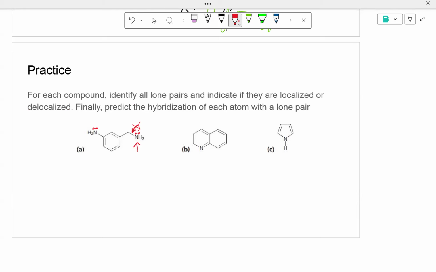So the lone pair on this nitrogen is localized. And now I just find its hybridization as normal. There's two hydrogens on it, there's another bond to a carbon, and then a lone pair. So four regions of density make that nitrogen sp3.